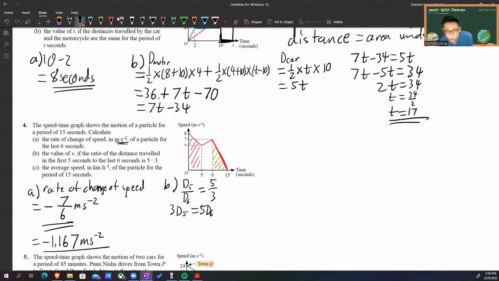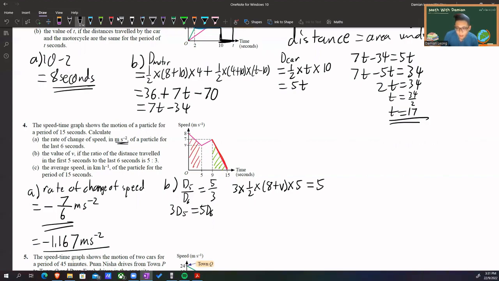Then I can form the equation and solve from there to find the value of V. So 3 times the distance in the first 5 seconds means the area of this trapezium. Half times sum of parallel sides. So sum of parallel sides will be 8 and V, times 5. Okay.